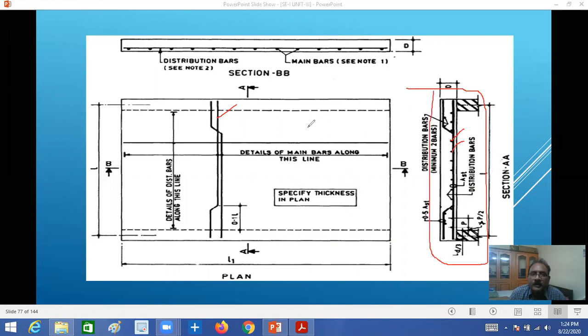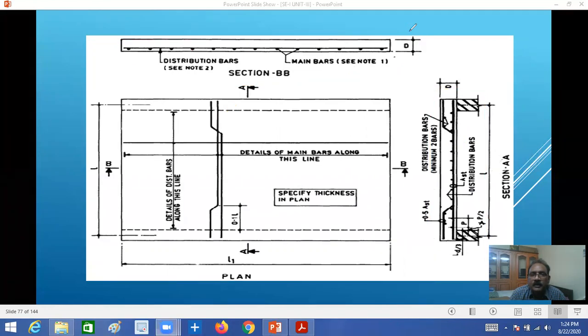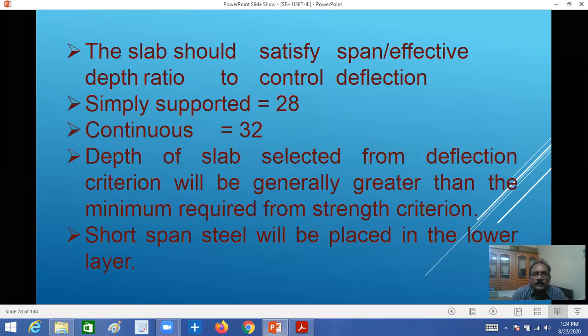Similarly, if you see this section of the longer span, these are the main reinforcement in the shorter direction, and these are in the longer direction. Okay, so this is the difference between reinforcement in the longer and shorter span.